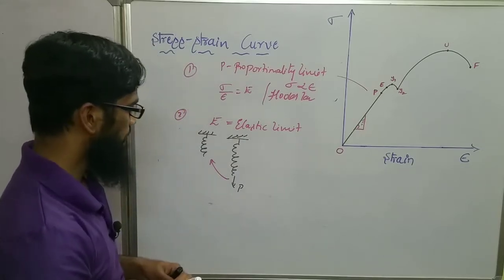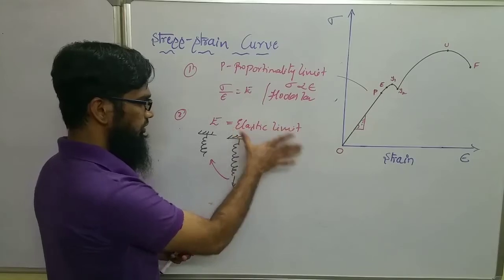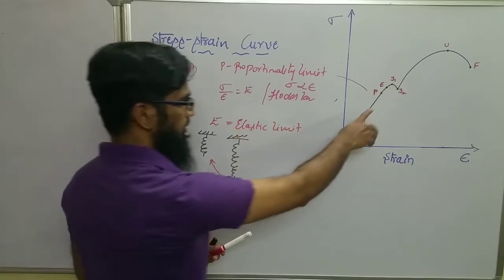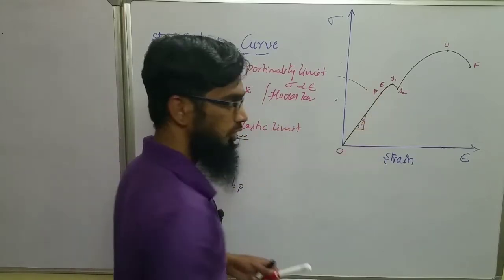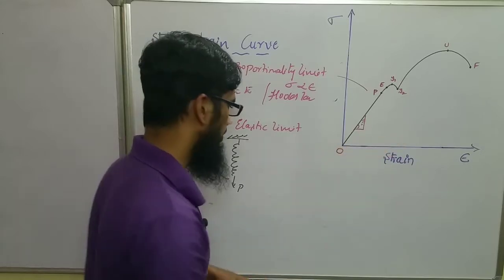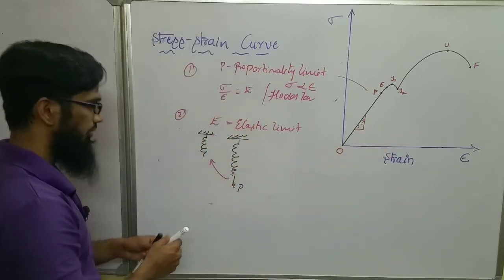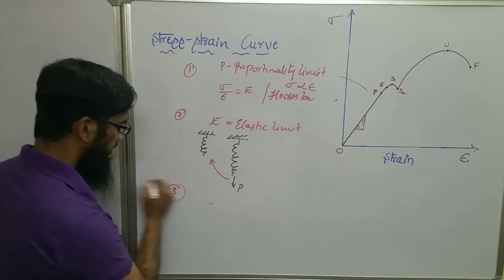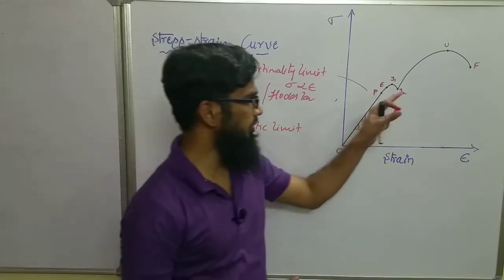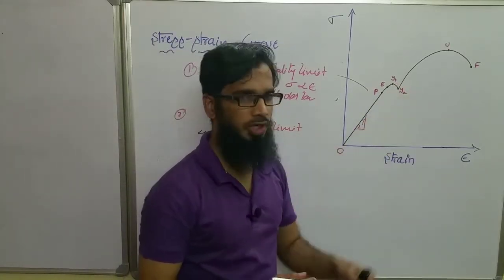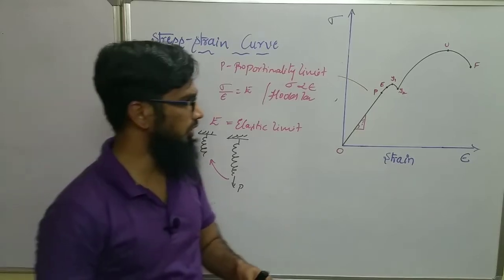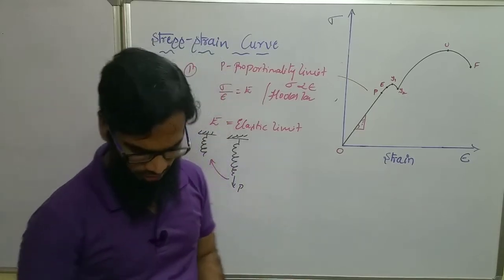Now this is a very important thing, but this curve will not be linear from P to A. It's a little bit curved here. This is the second point. Now we'll go for the third one, where you can see there will be Y1 and Y2. Now what happens before E?